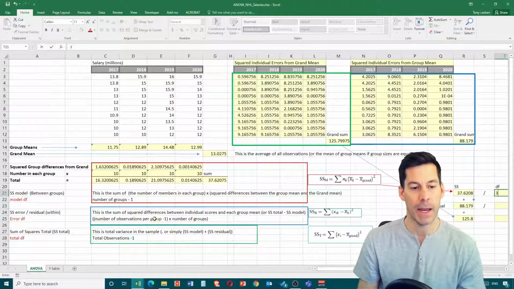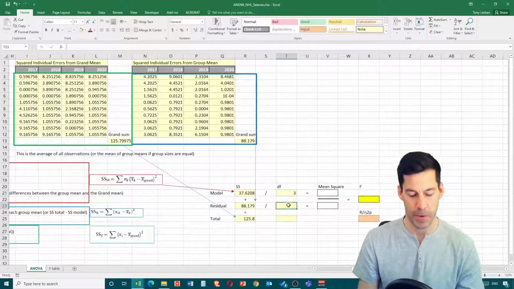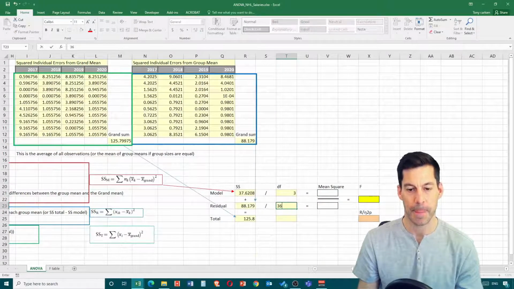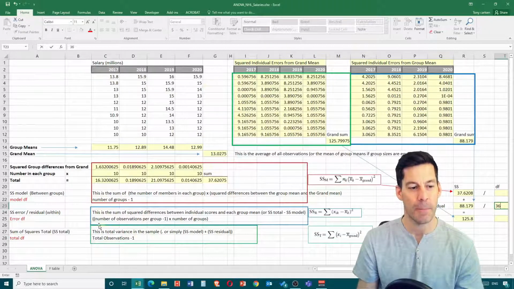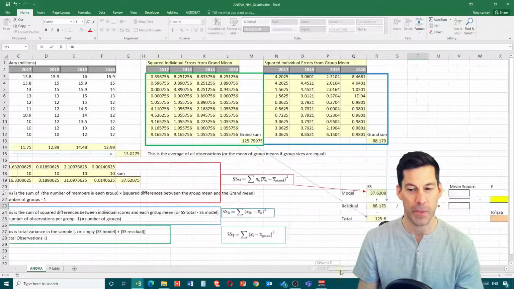So 9 times 4, that will give me a degrees of freedom of 36. Finally, we see my total degrees of freedom is my total observations minus 1. So I've, in this case, got 40 observations. My degrees of freedom for total will be 39.